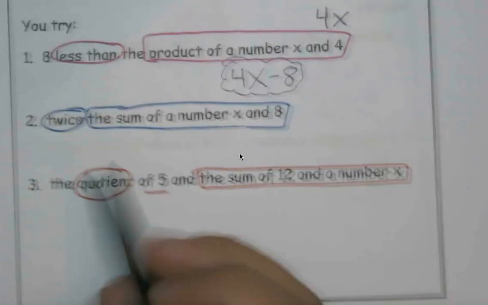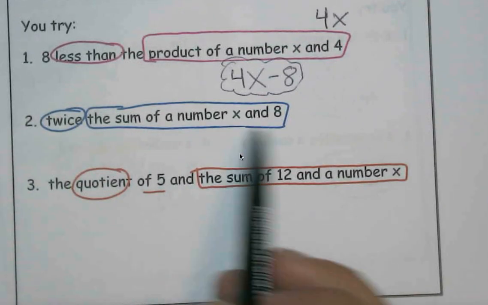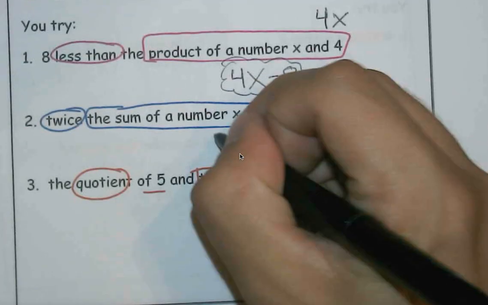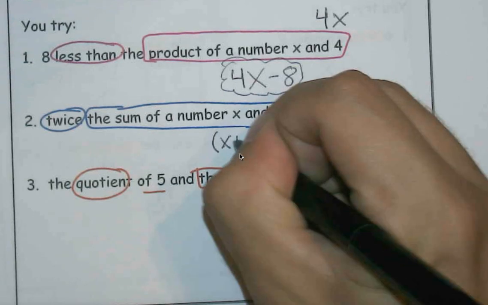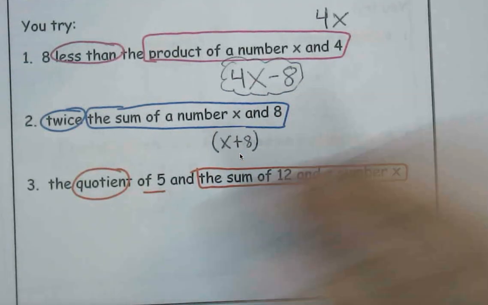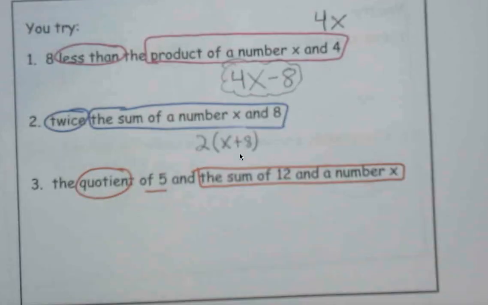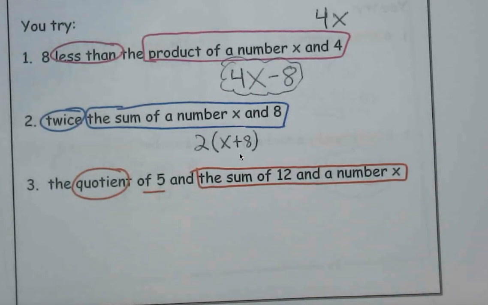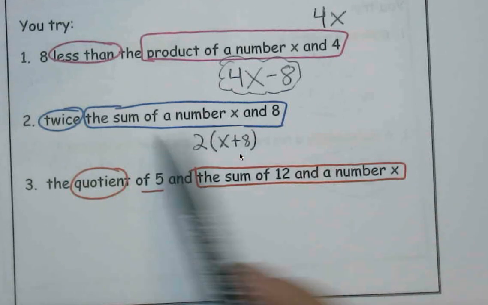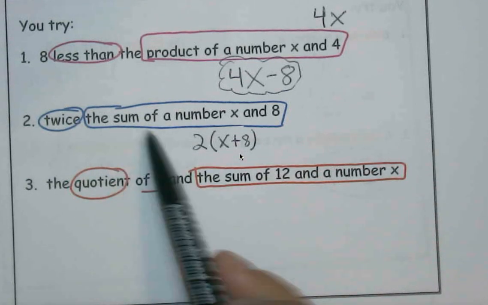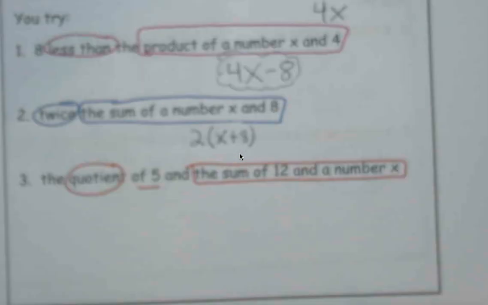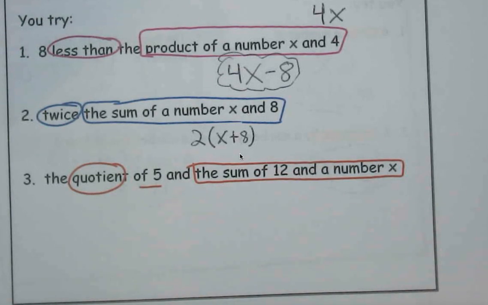We're taking twice the sum of the number x and 8, so we're taking that sum x and adding on 8. We're taking twice that, so 2 versions of it. Parentheses can be helpful if you ever have to deal with the difference of or the sum of. Parentheses can separate it from what's going on.